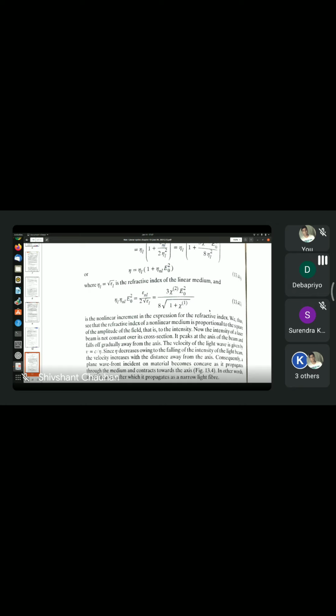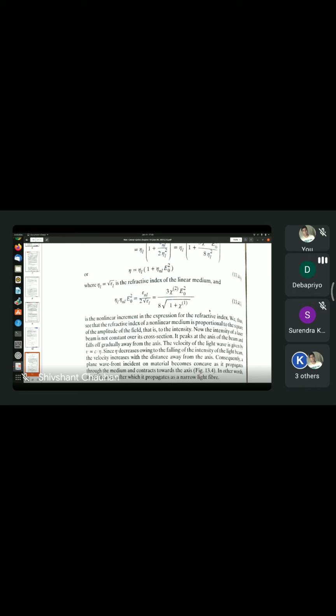The refractive index is larger in this central region of the nonlinear medium and less so in the peripheral region. As the beam travels into the nonlinear medium, the portion near the center of the incident beam behaves as if it has a higher refractive index than the portion that lies in the peripheral region.